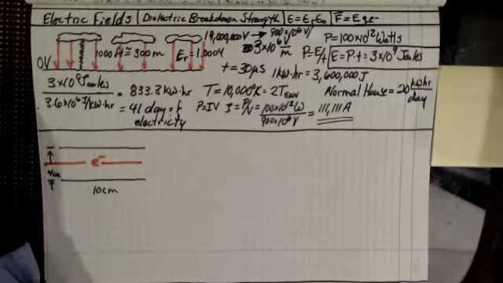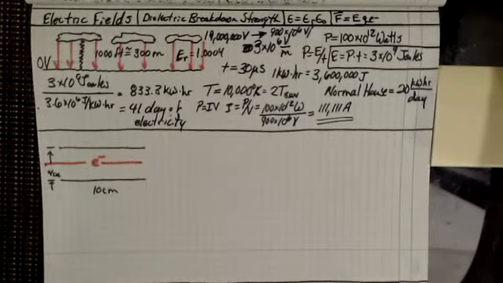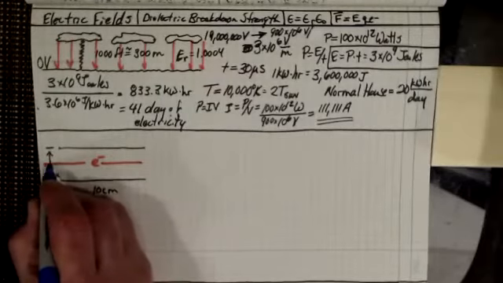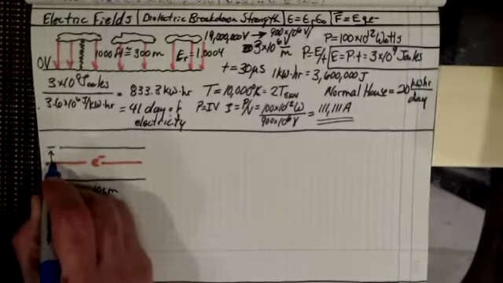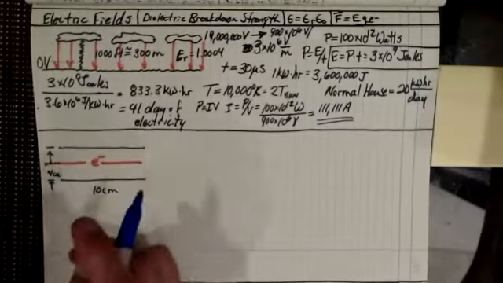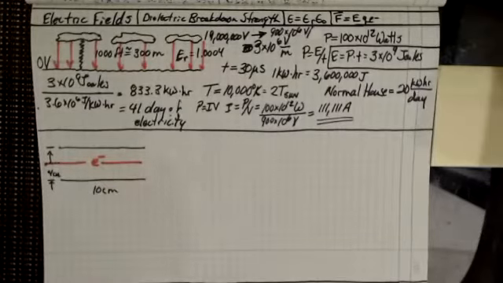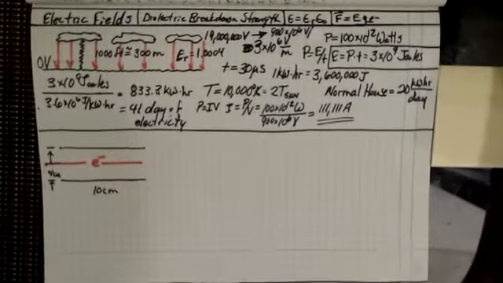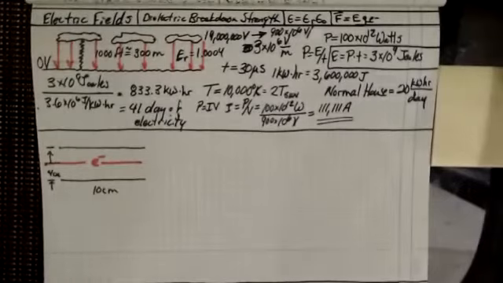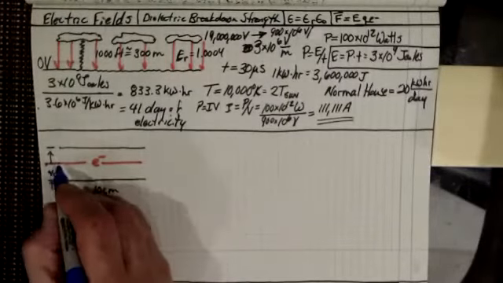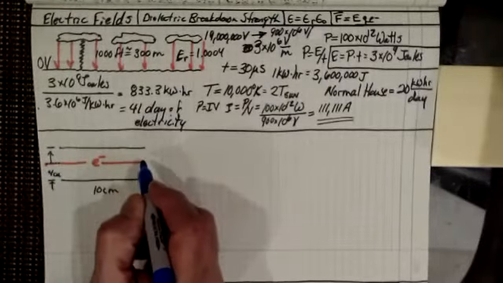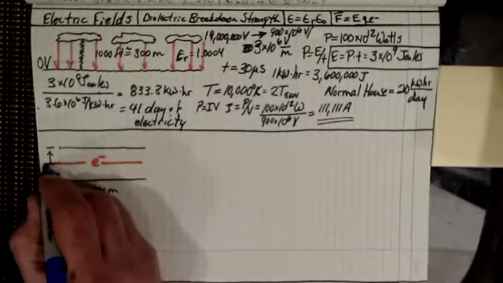What's going to happen to that electron is that once it enters here, it's going to have been accelerated up to 90% the speed of light. Yeah, I think that's good. But what it's going to do is it's going to be deflected.